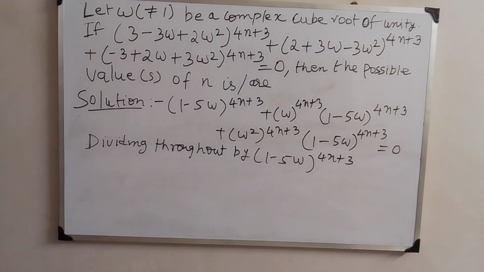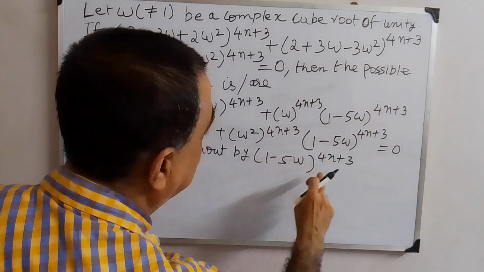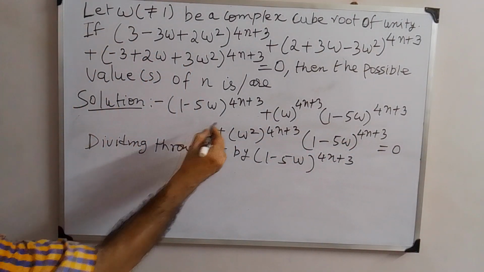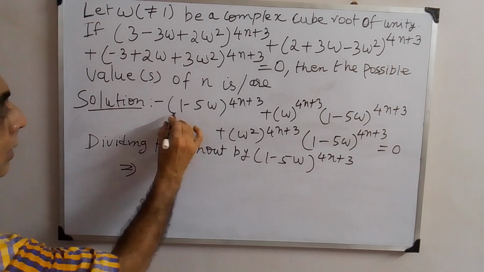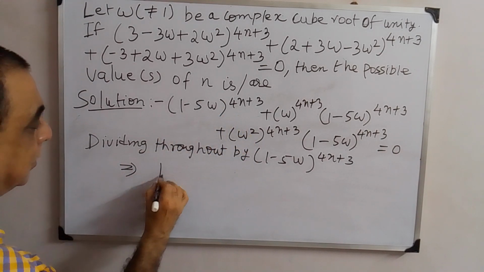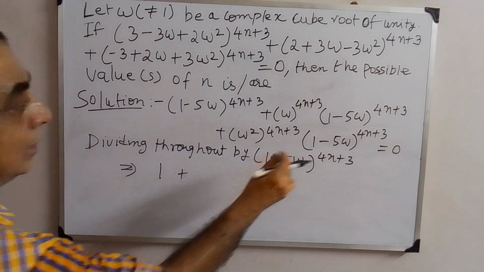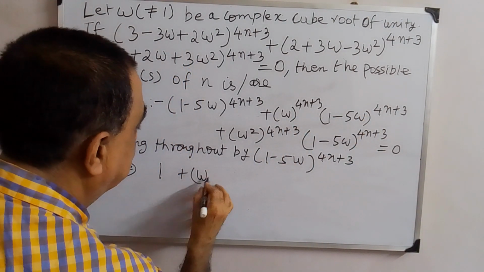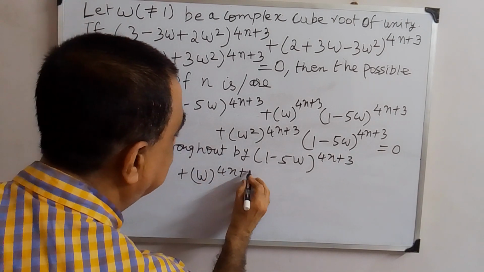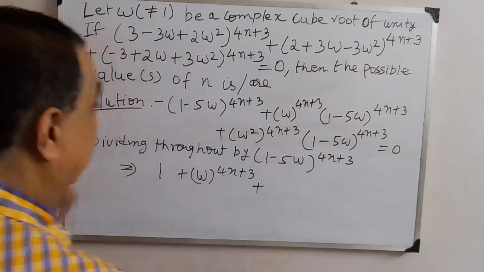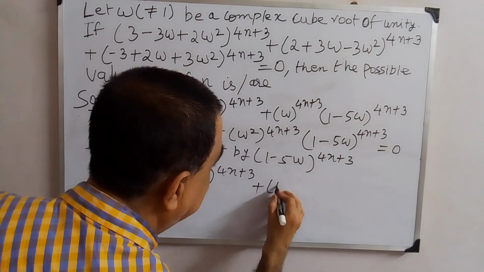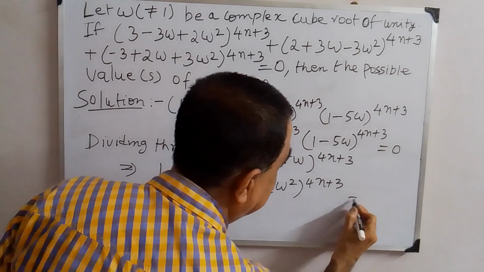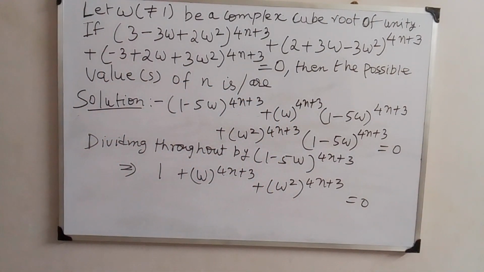So what will we have after dividing each term by this common factor? This divided by this will be 1, and here there will be omega to the power 4n plus 3, and here this is cut out, so we will have left omega squared whole to the power 4n plus 3, this will be equal to 0.